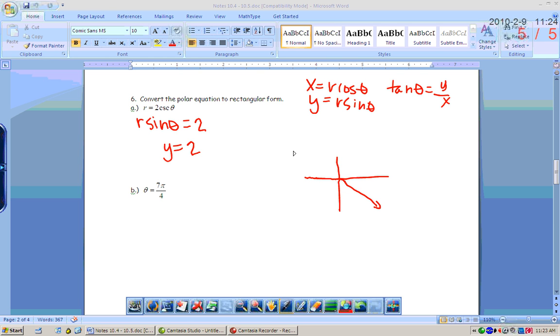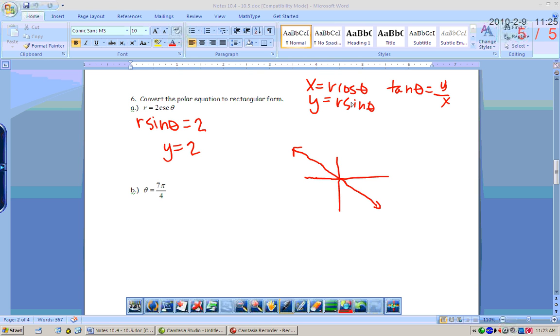Is it going to extend in the opposite direction? Good. It would extend in the negative direction, because you don't know anything about r. If r is positive, then the line's going to be going down. But if r is negative, it's going to be the other side of it.